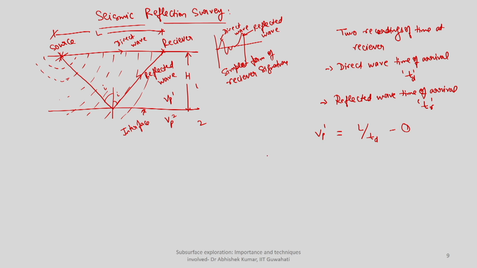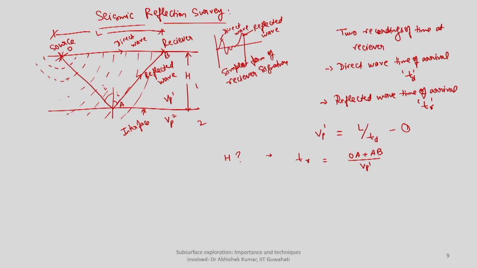Now you see the second one, you are interested to find out the thickness of the medium. So the time of arrival of the reflected wave is a function of OAB, that is OA plus AB, that length divided by Vp1.